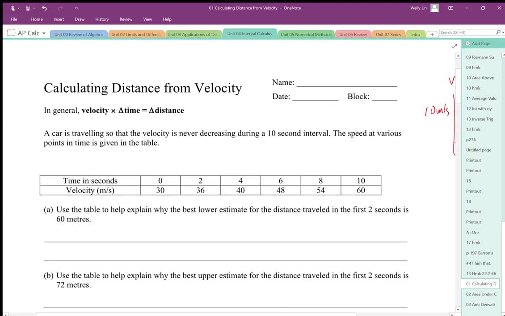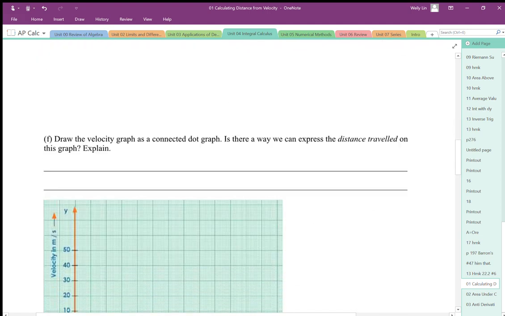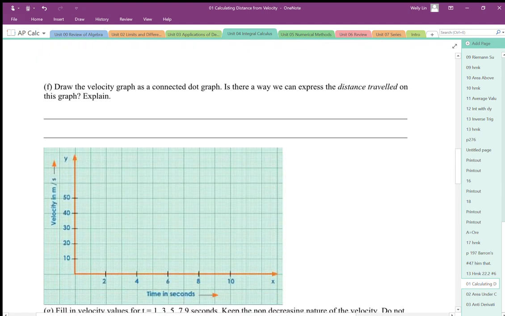So I think it's going every 2 seconds, it goes 30, 36. So just going off the graph here, we're starting at 30 here, and we're going to end up at 36.